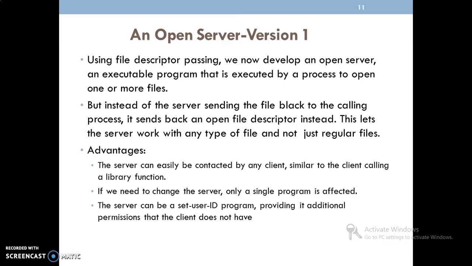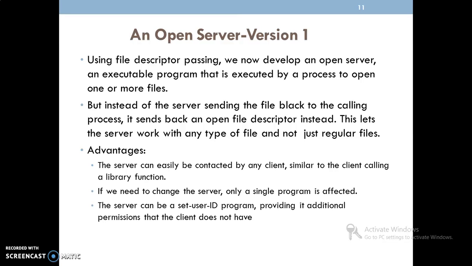So what kind of benefits are we getting with respect to this mechanism? First, the server can easily be contacted by any client, similar to a client calling a library function. It means a client can directly communicate with the server here. The second point, if we need to change the server, then only that one program is affected, the remaining programs will not be affected here.